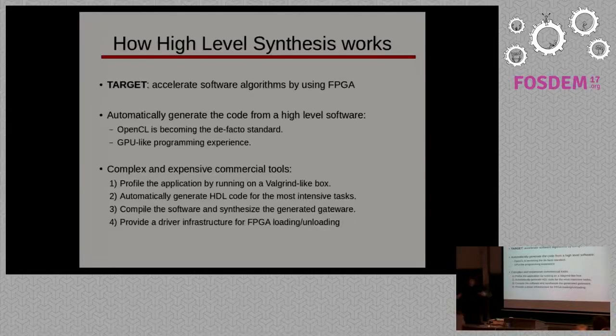The idea is to take this growing community of GPU-based programmers that are very used to OpenCL and this kind of technology, and provide FPGA tools that allow them to program an FPGA without noticing that they are using an FPGA.